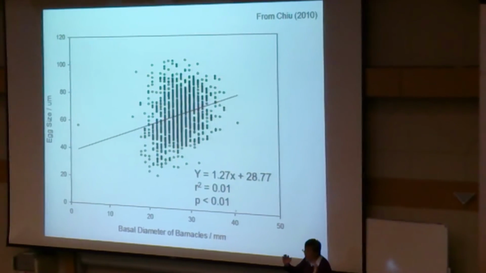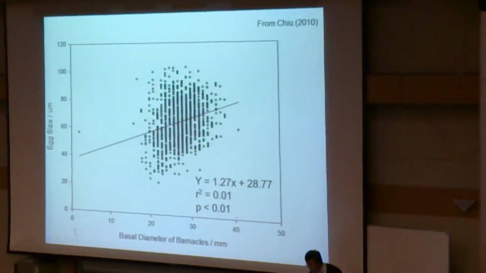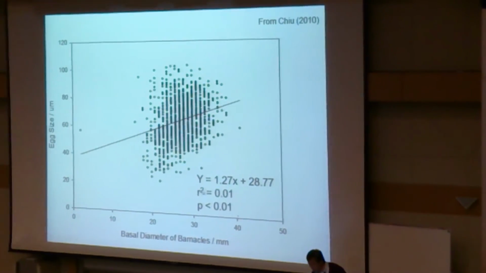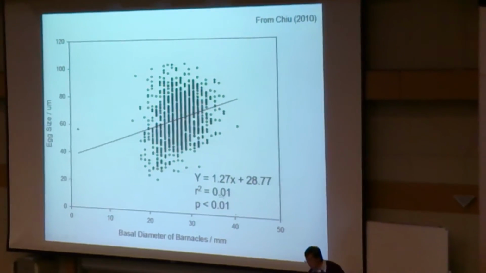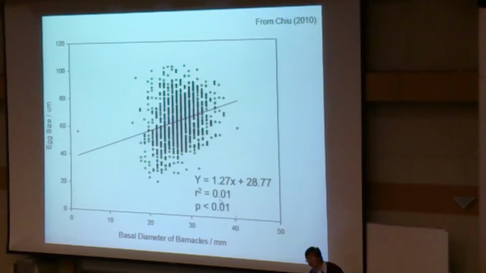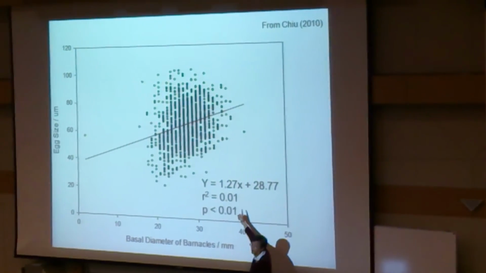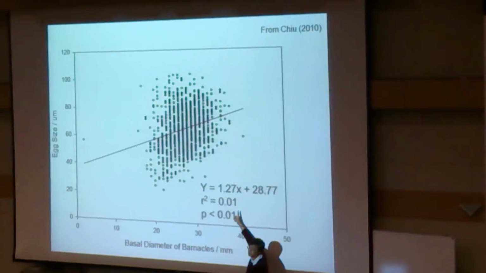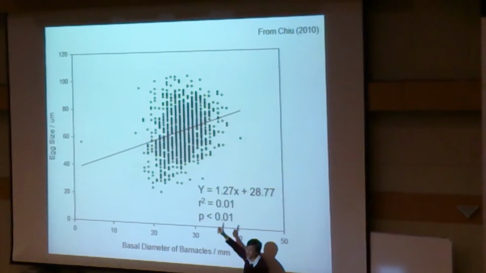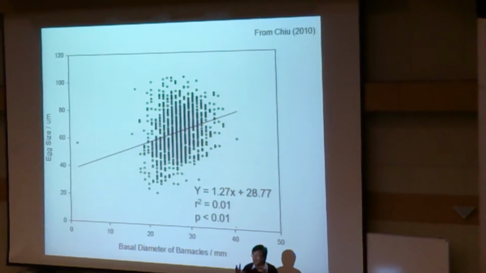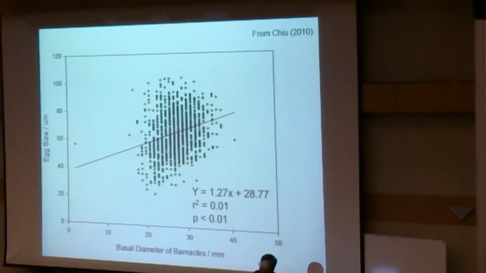Okay? Yet, if you look at this other parameter that I said we should pay attention to, the R square, this R square is very small, only 0.01. What is the meaning? This means that only 1% of the variability within your data can be explained by this line.